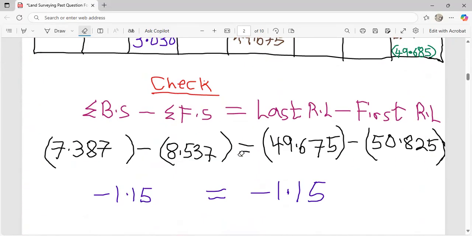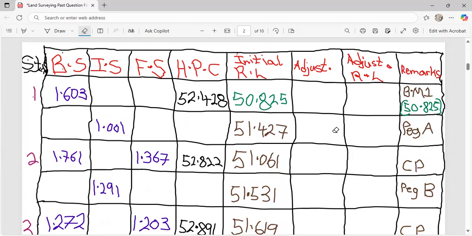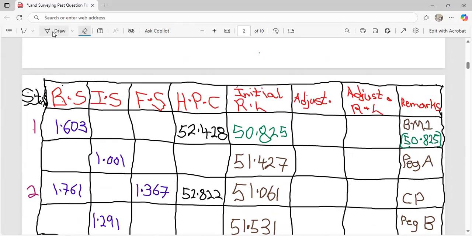Before we can come and adjust and fill in the adjusted reduced level, we are supposed to know some basic things. I told you that this is the benchmark, the BM1, the benchmark one.